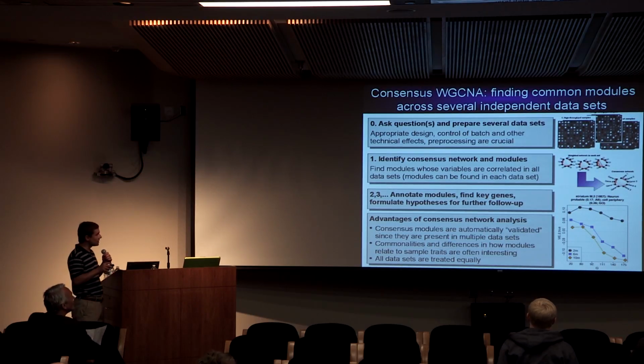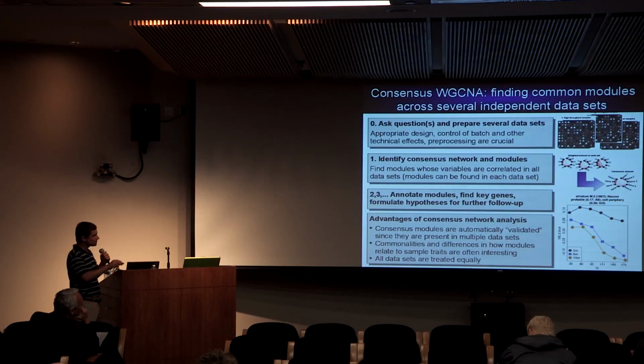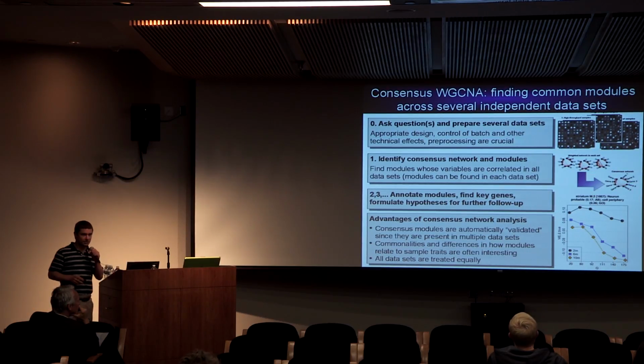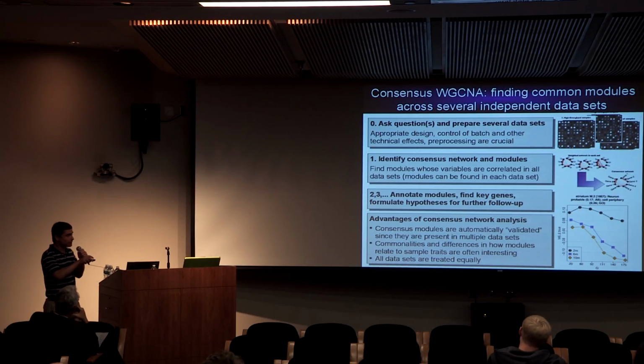And the aim is to find common modules across a few independent data sets. So in this cartoon, there are 3 different data sets. And the idea of the consensus analysis is that you create networks in each of the 3 sets, and then you combine them into a consensus network. And roughly speaking, the consensus is a network that all 3 data sets can agree on.